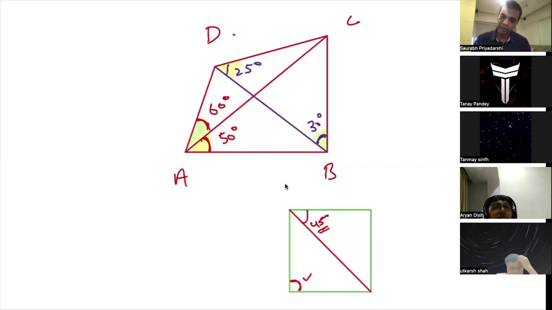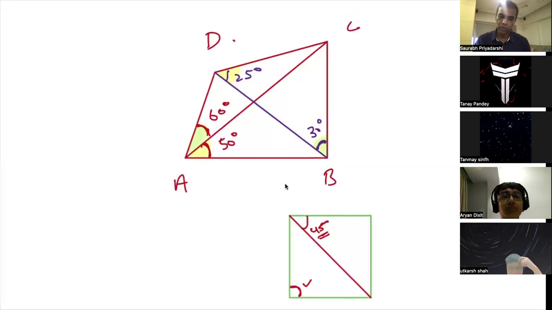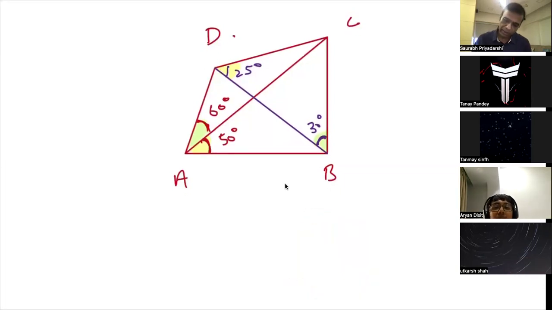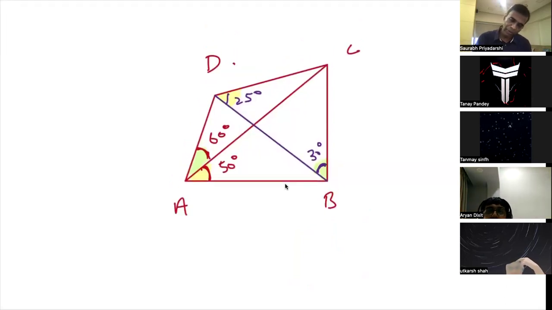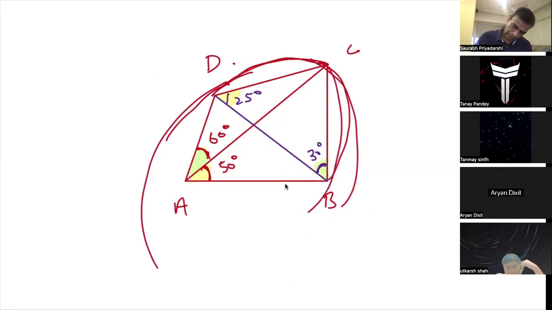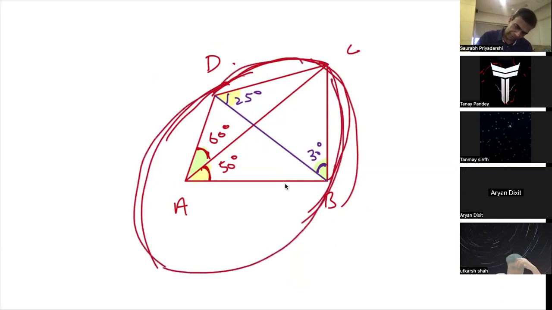So if questions are given in this form, what you have to understand is that one angle is double the other. Can I say, if I form a circle with center at A, something like this?